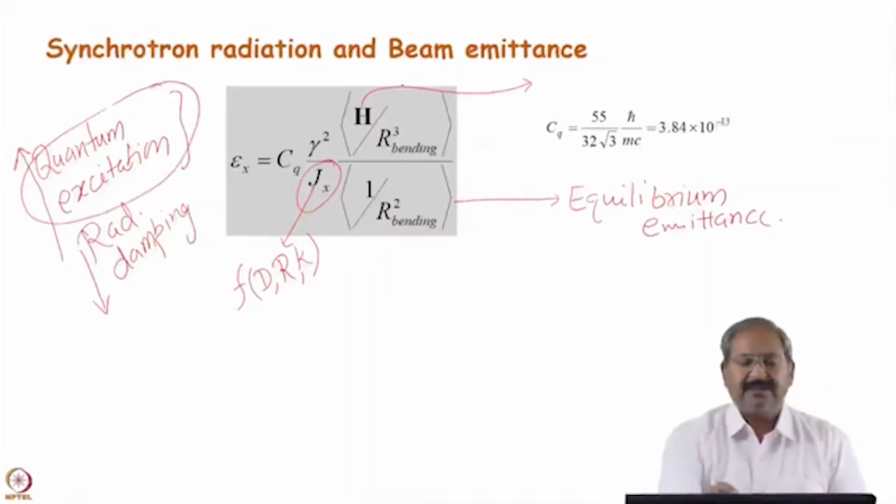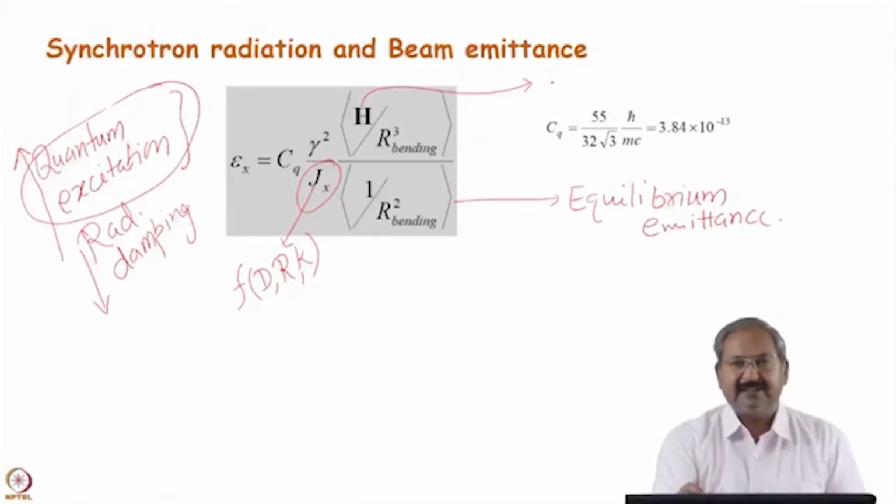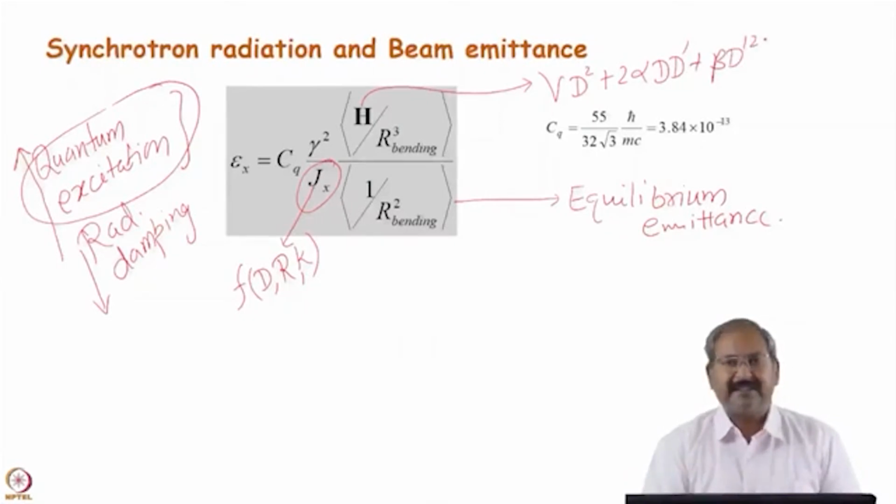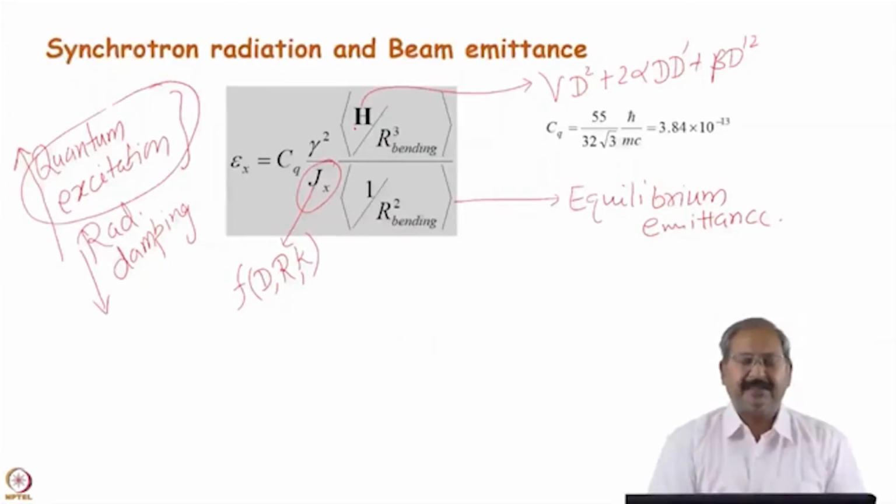So this number is basically the Courant-Snyder invariant, like we have gamma x square plus twice alpha x x prime and beta x prime square. So instead of x and x prime, use eta and eta prime and you will get the H.